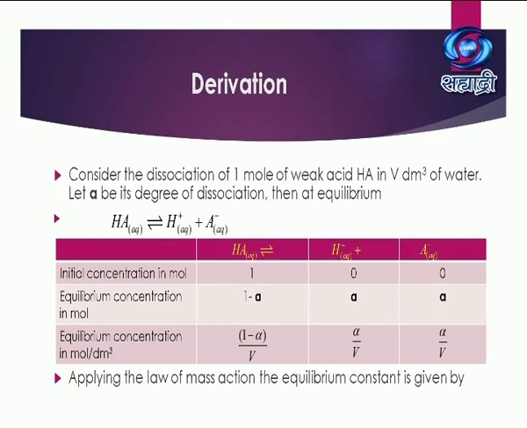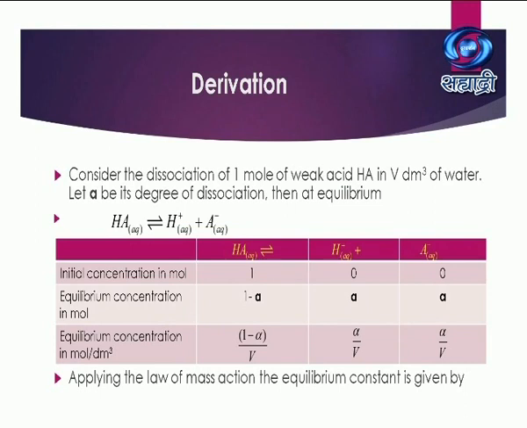Likewise, if alpha is the degree of dissociation, that means alpha moles of HA dissociate, then they produce alpha moles of H plus ions and alpha moles of A minus ions. And what is the amount of HA remaining behind? I have to subtract this alpha from the initial concentration, that is 1 mole. So equilibrium concentrations are 1 minus alpha for HA, alpha for H plus ions, and alpha for A minus ions.